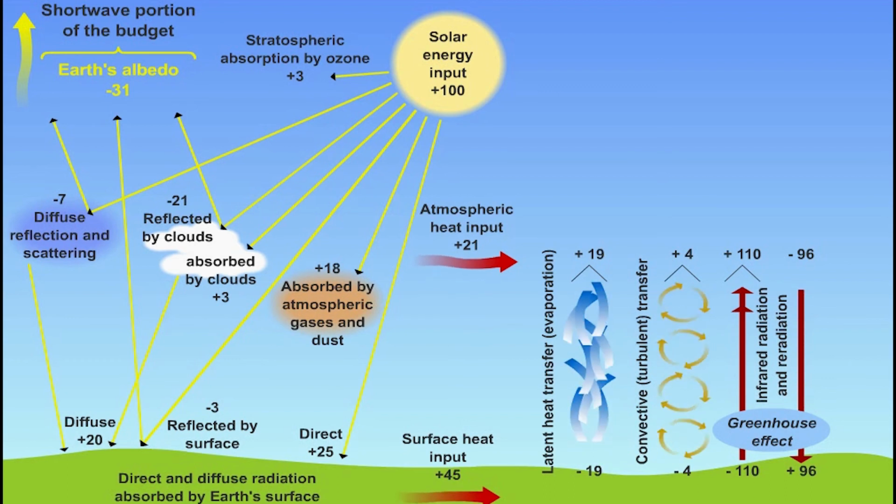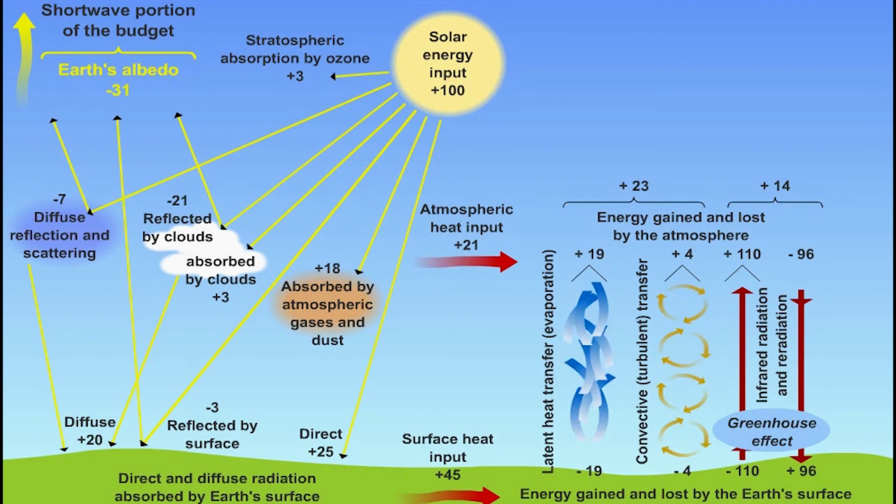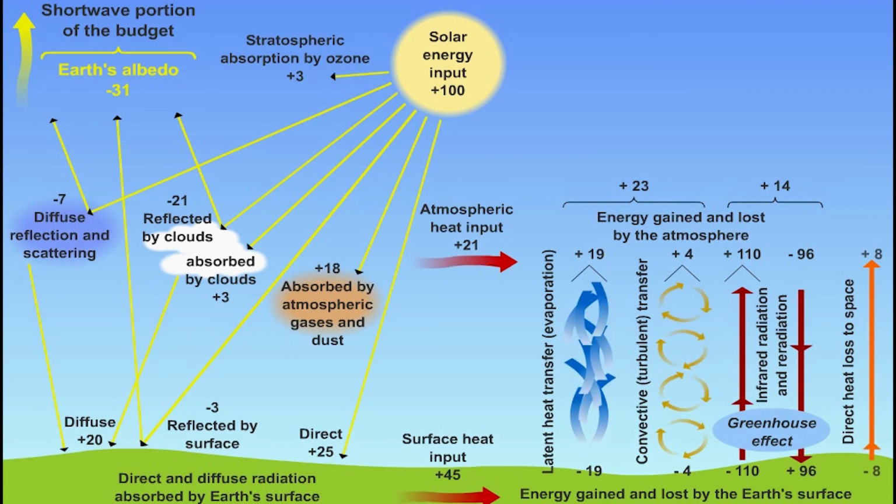Okay, so that's a cycle that occurs, and then you can see there that that greenhouse effect, the net effect is 14 units to the atmosphere, and the net effect of energy by evaporation and by convection is 23 units. And then we also lose heat directly out to space of 8 units.